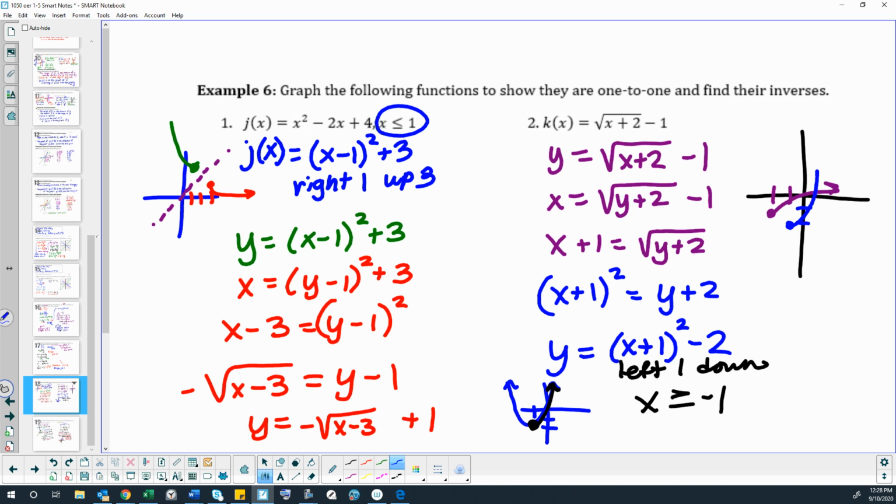So it's half of a parabola. I don't think I put that in the right place. So left 1 down 2, with that, and up with that. I think my sketches are not as good as I would like them to be. And then we can see that that is, in fact, hopefully the reflection over y equals x. Right?